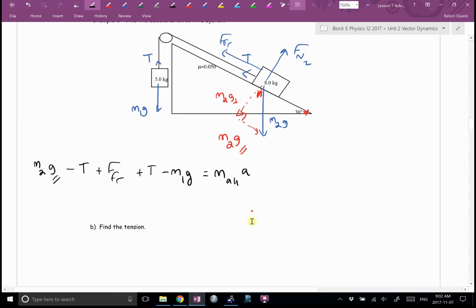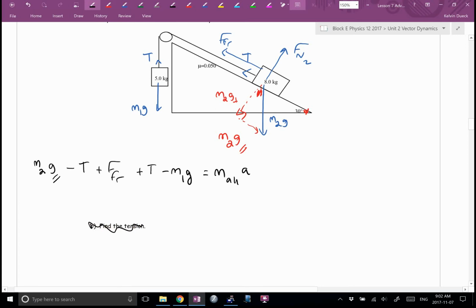We're going to find the tension a bit later on, but I'm just going to scribble that because I need more room. I need to reformat the spacing on this. How would I get the A by itself, Dev? Okay, so we're going to get this. A equals M2G parallel, two lines, sine theta plus friction.